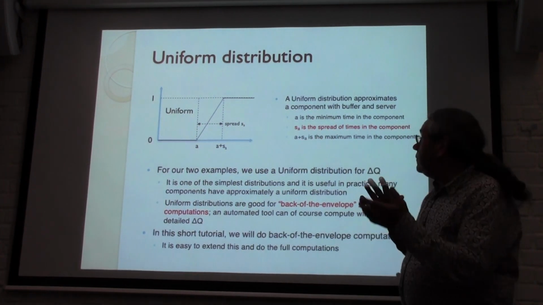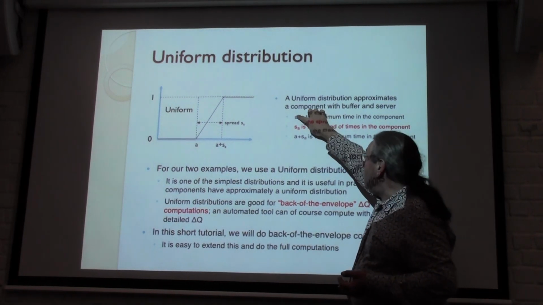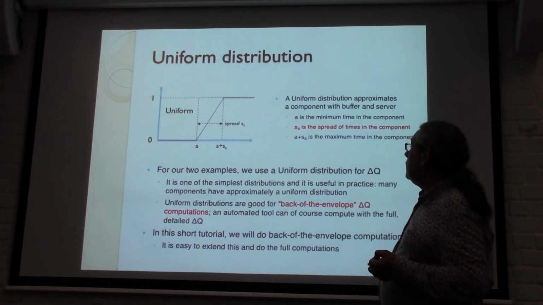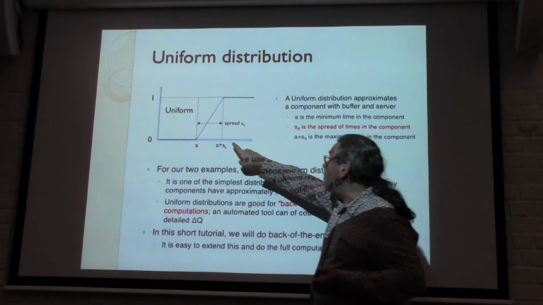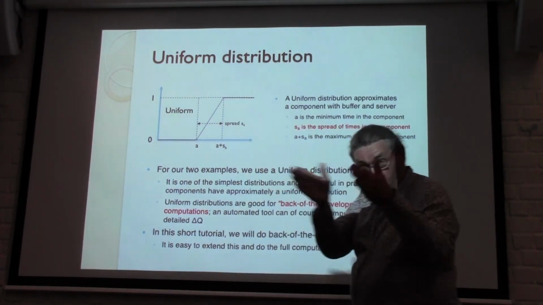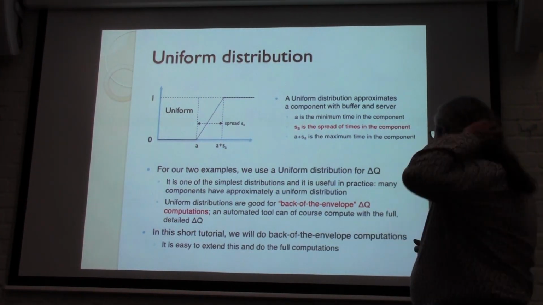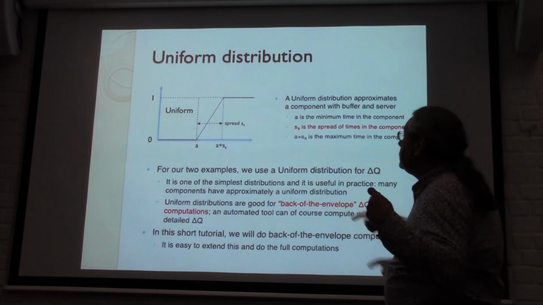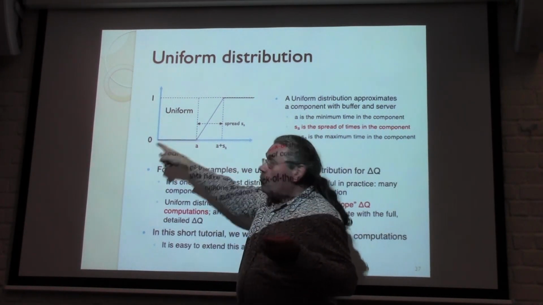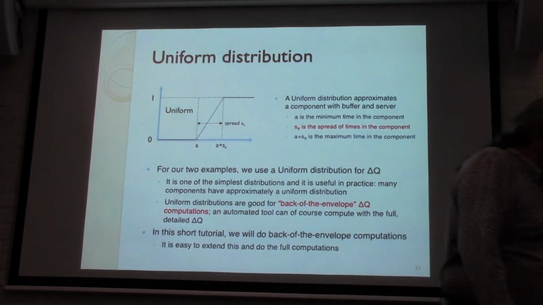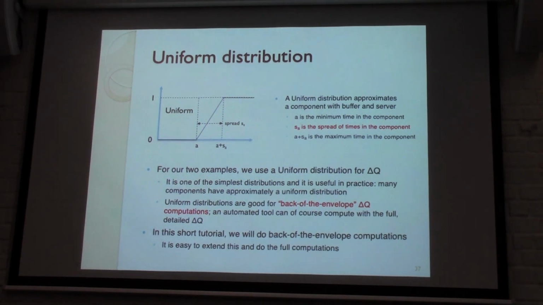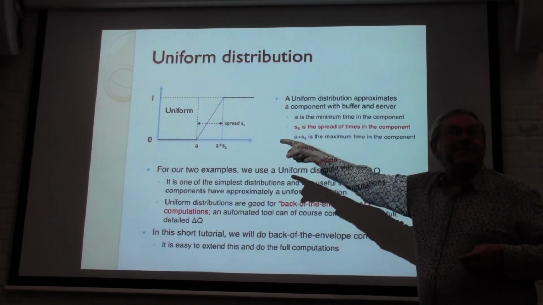So the component has a delay between A and A plus SA. So SA is something I call the spread, the variation, okay? And this is a very simple distribution, but actually it's a really nice one, and lots of components are kind of like that.